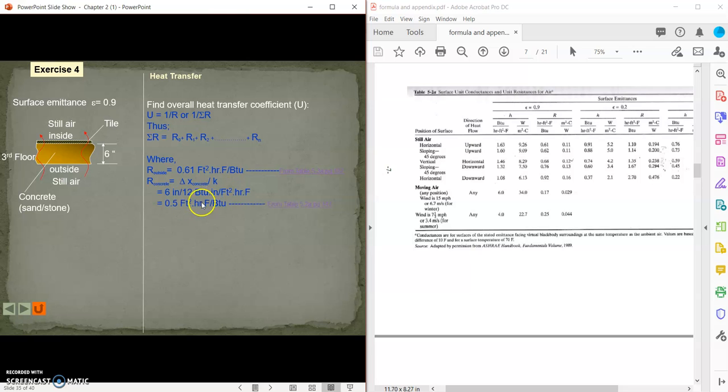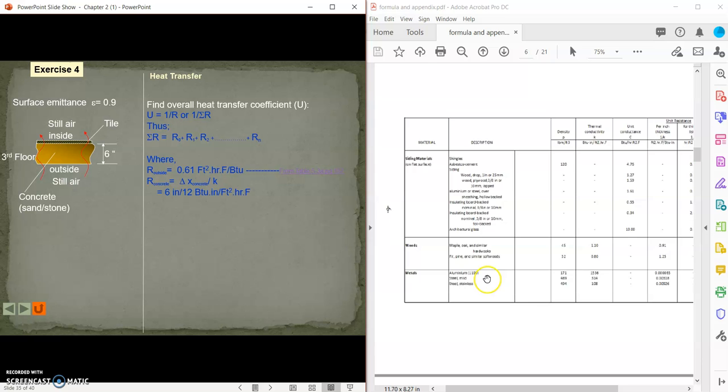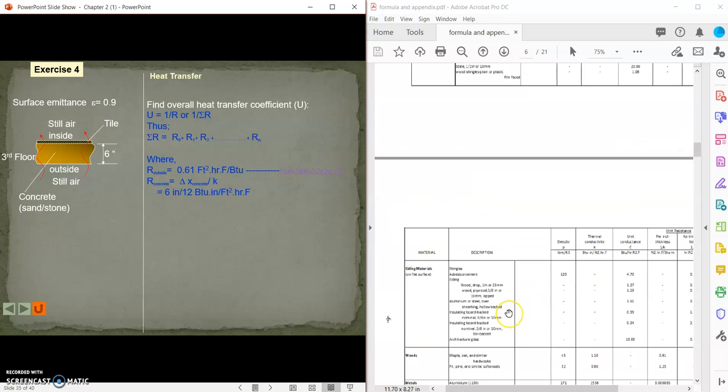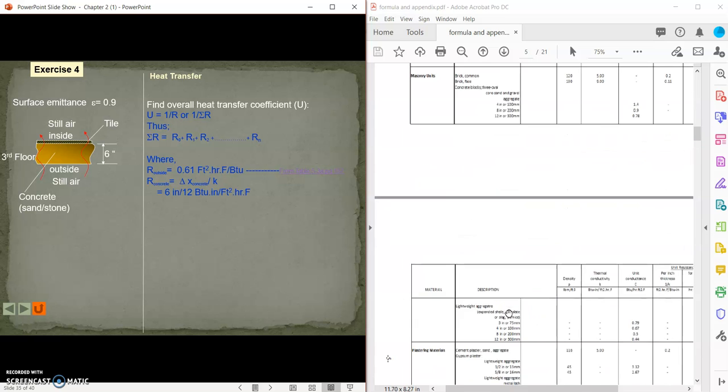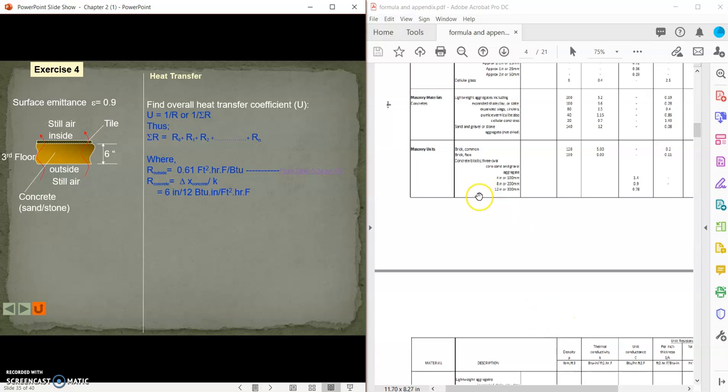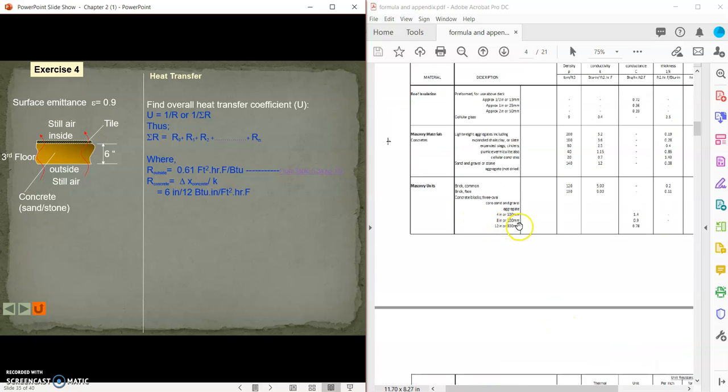Alright, next one is R concrete here. So R concrete is delta X over K. The thickness we already have here, it is 6 inches. So let's go find the K value here. So this is the concrete.